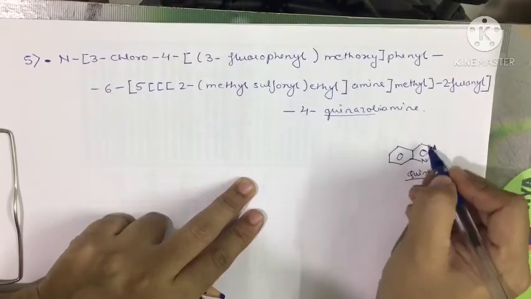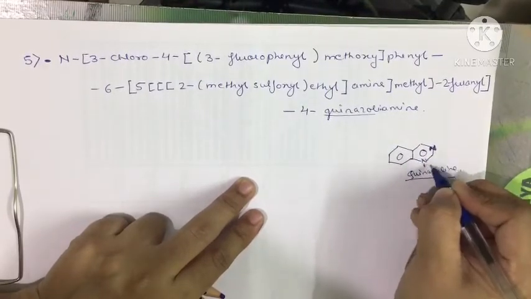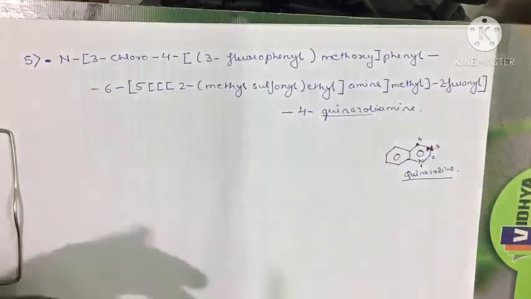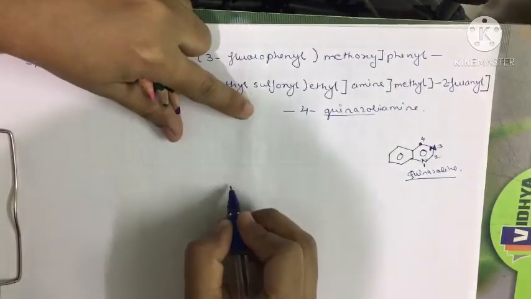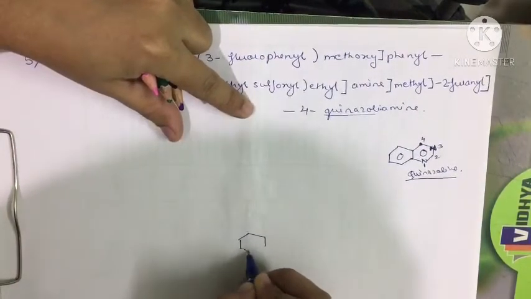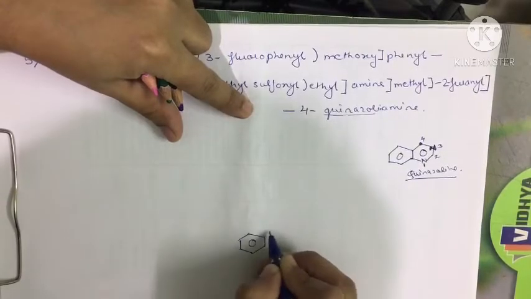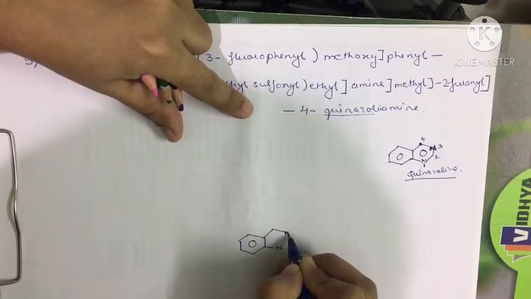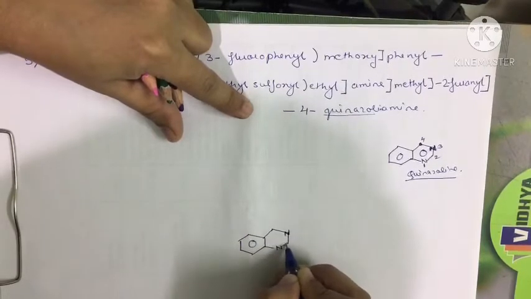And to its 4th position, so I'll try to number 1, 2, 3 and 4. So this position we are having amine group. So let us draw the structure. Here we are having a benzene ring. There is one nitrogen, there is one more nitrogen of pyrimidine.